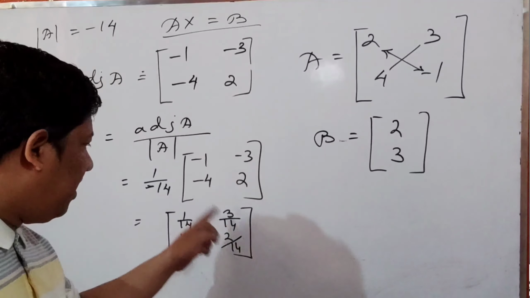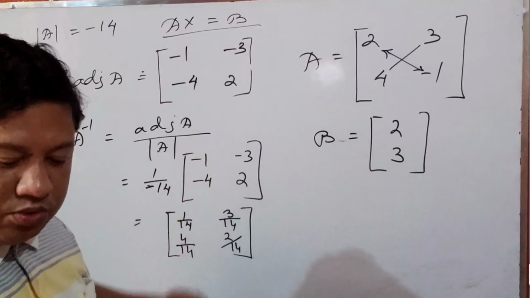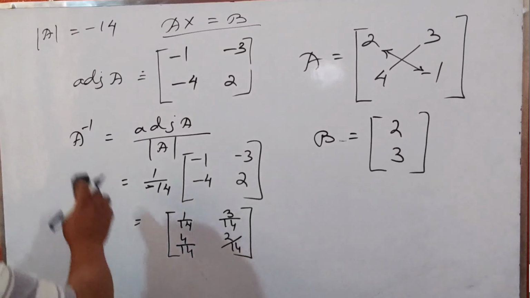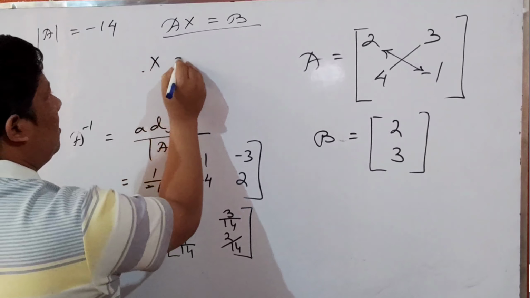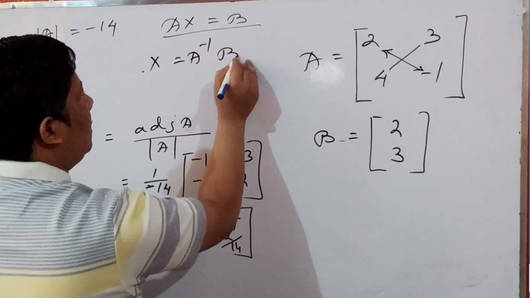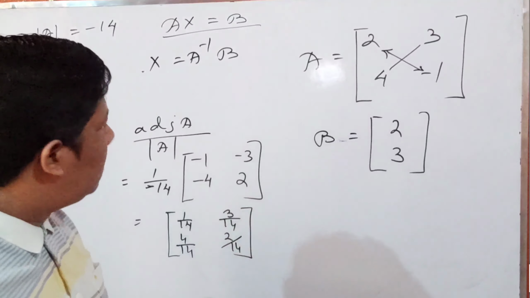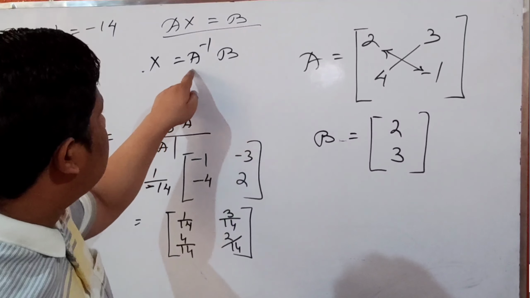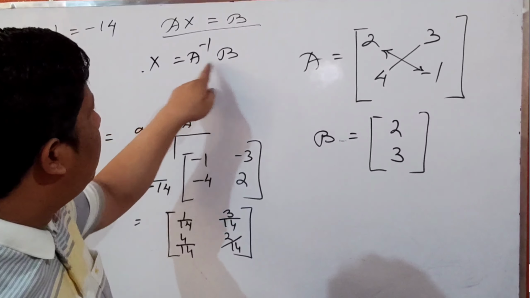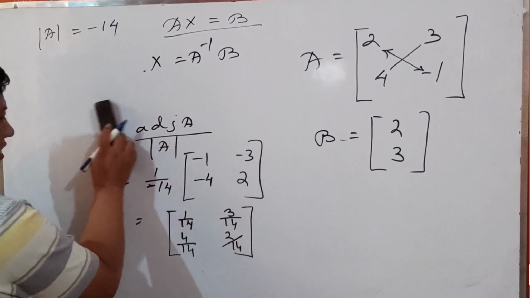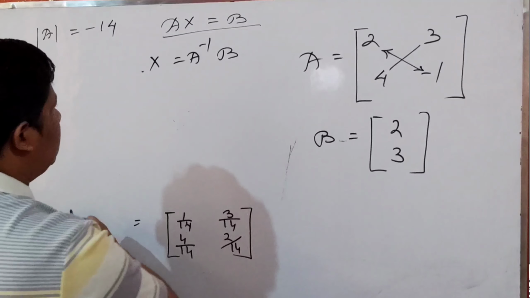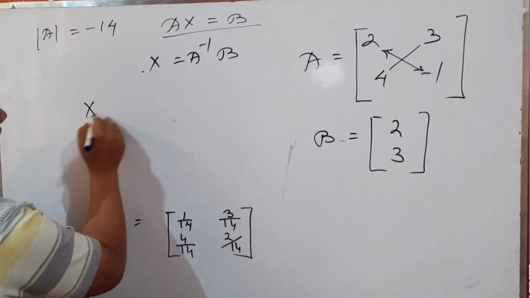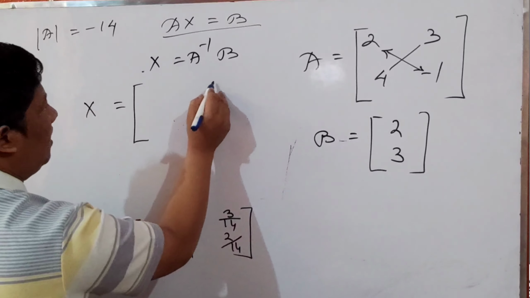The inverse is already found here. Now what you have to do? You have to write AX equal to B, therefore X equal to A inverse B. I already found the value of A inverse here.